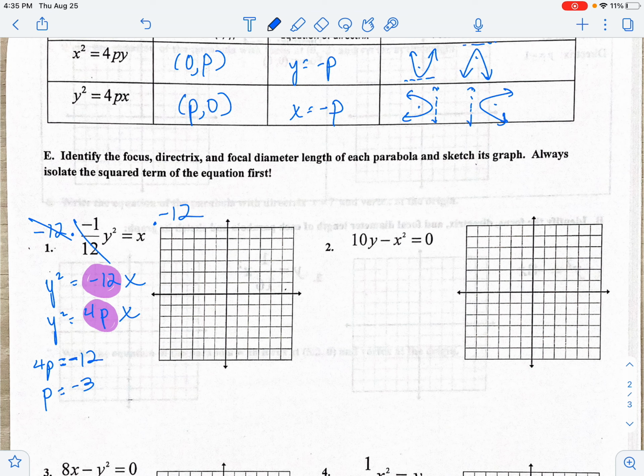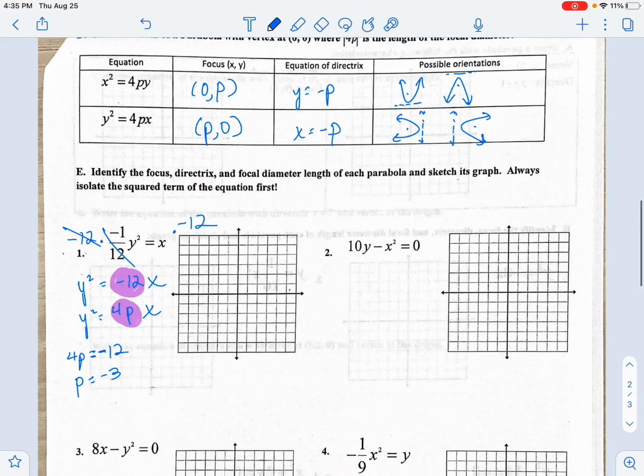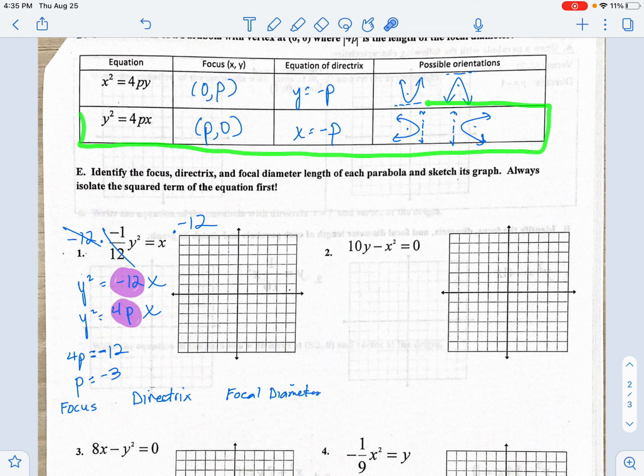All right, so with our p, we can do a lot. We can figure out what our focus is. We can figure out our directrix. And we can even figure out our focal length, focal diameter length. Focal diameter, okay? So since we are talking about this set here, we're going to follow this set of rules to get our focus and our directrix.